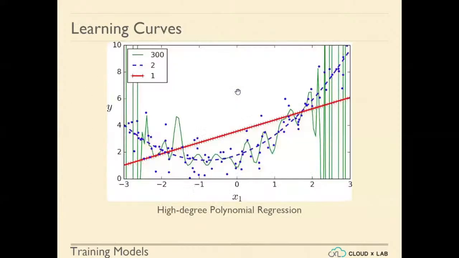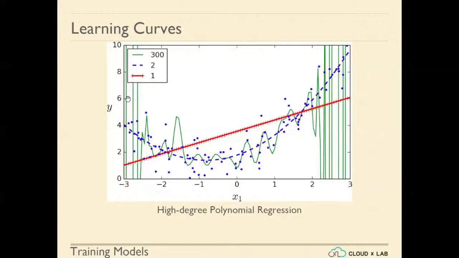Okay. So let's say you are fitting a polynomial here, and this polynomial is a 300-degree polynomial, right? A 300-degree polynomial can bend 299 times.